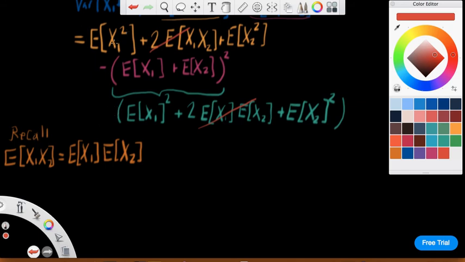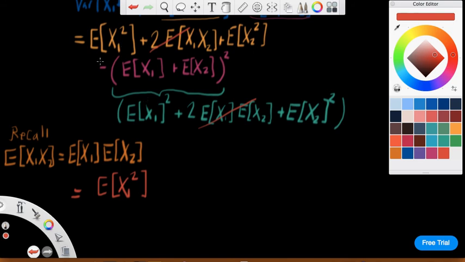And now we just have 4 terms. This guy, this guy, this guy, and this guy. And we will rearrange a bit. So our first term up there, the expected value of x1 squared, taking that from here.